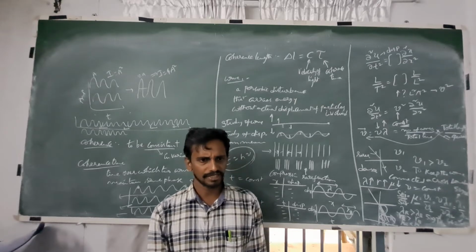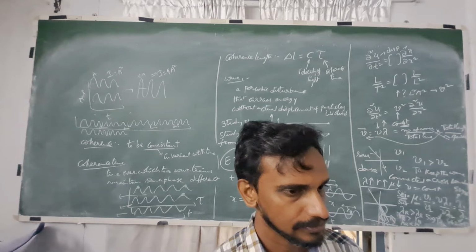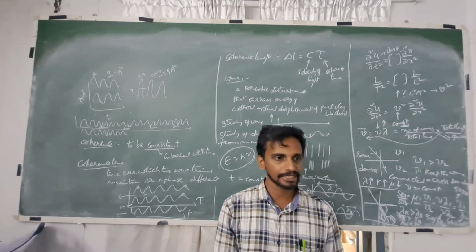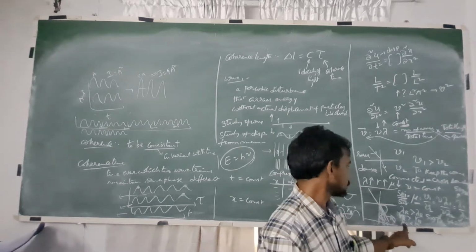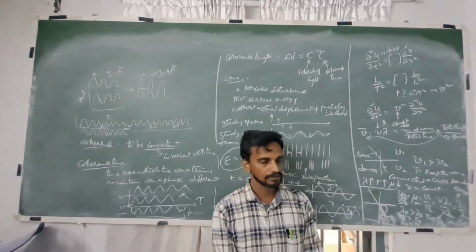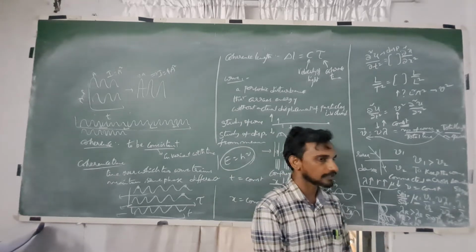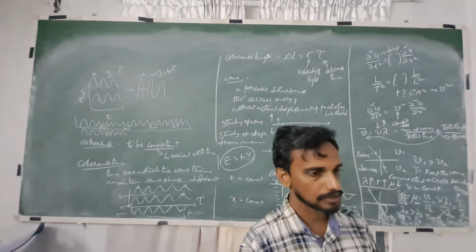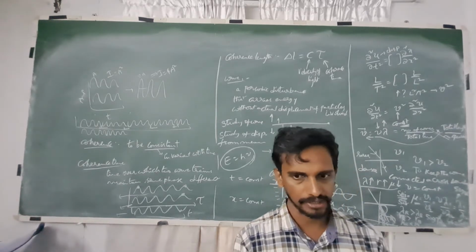So about refractive index, what is that? Indexing. It is index of refraction. It is an indicator of refraction. Red has less refractive index. Blue has more refractive index. That means blue refracts more than red.